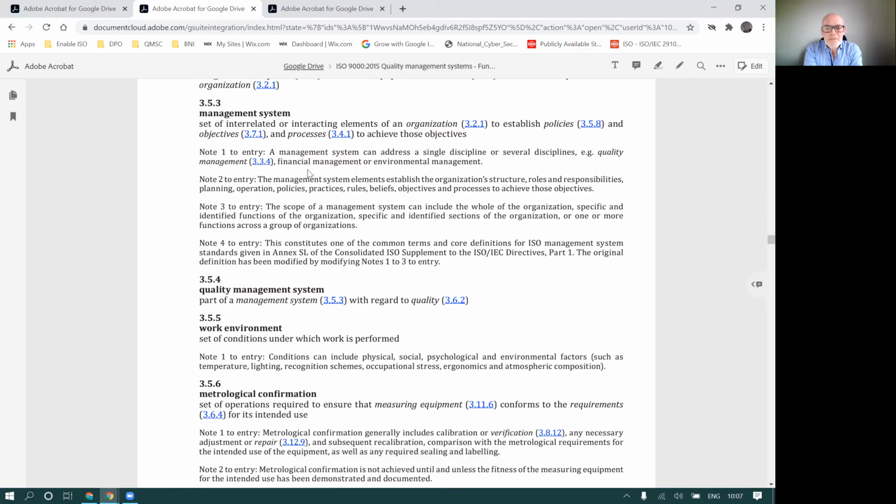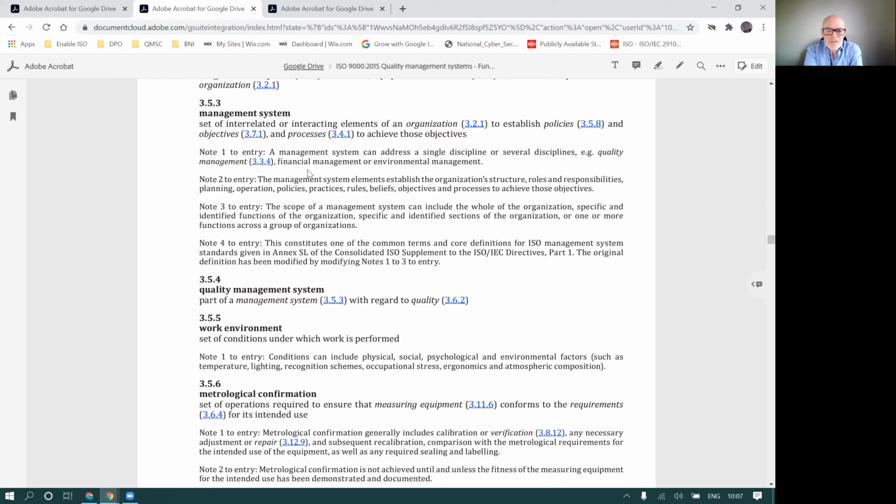So note one, a management system can address a single discipline or several disciplines. That's definitely, we would always try and encourage our customers to consider the broadest possible scope. Try to include everything they do within the scope of the management system, in other words. Note two, the management system elements establish the organization structure. That's a given.